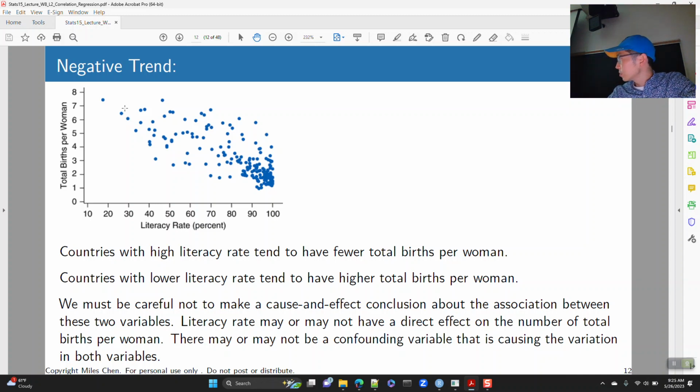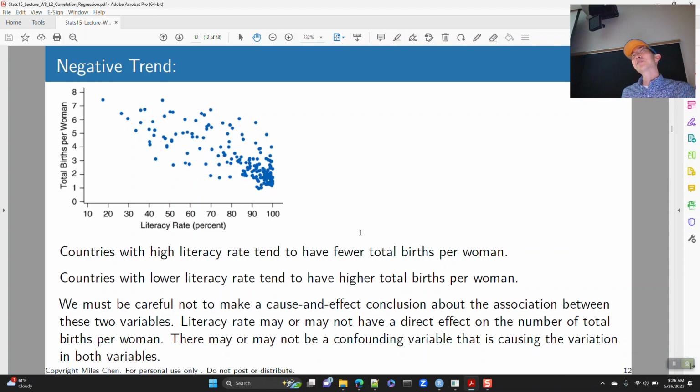So anyway, this is just kind of an example here, and one thing I want you to be careful about, and I don't know what the right word is.